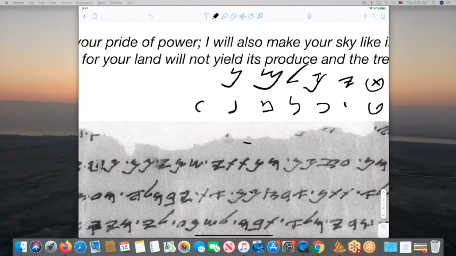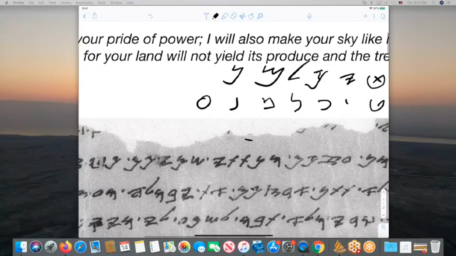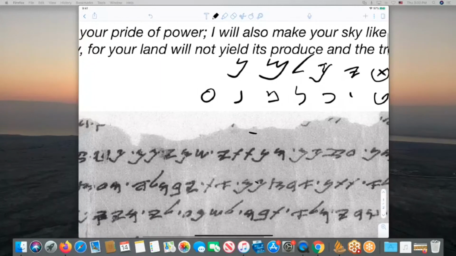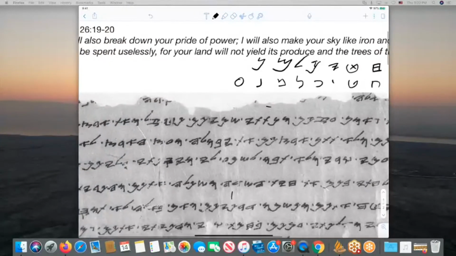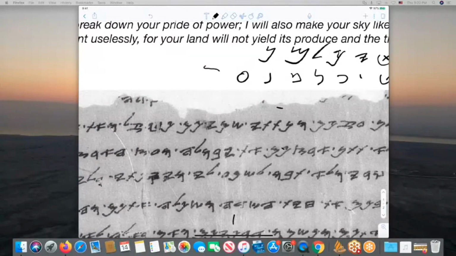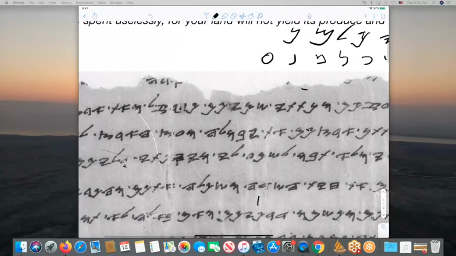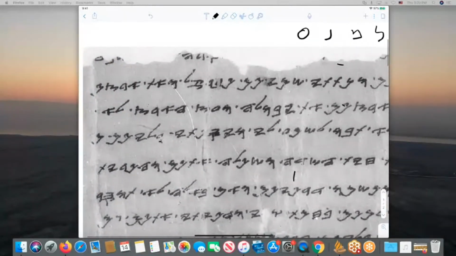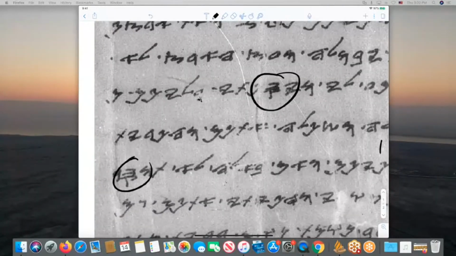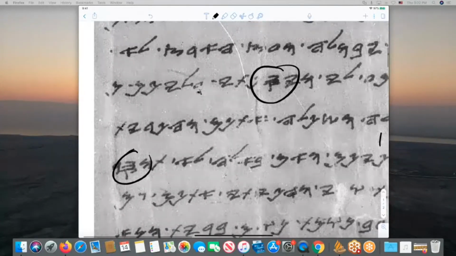Then we have a Samach. Now a Samach, in modern block script, is just a circle. In a fancy text, it kind of has this fancy hook to it with a little tuft of hair. But what we have here, let's see if there's a Samach, here's a Samach, and this one on the lower left is actually a better example.